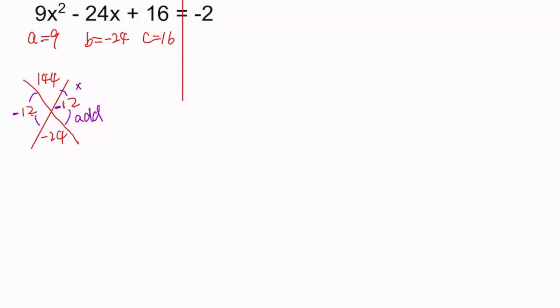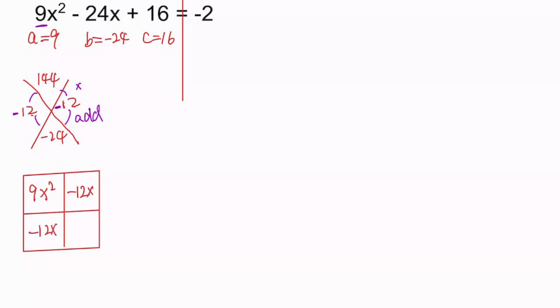And in this case, we need to use the box because the coefficient of the A value is greater than 1. It's 9x squared. See that? So let's draw a box here. Okay, and then we need to fill in those numbers, okay? This is 9x squared, and this is minus 12x, minus 12x, and this is 16, right?